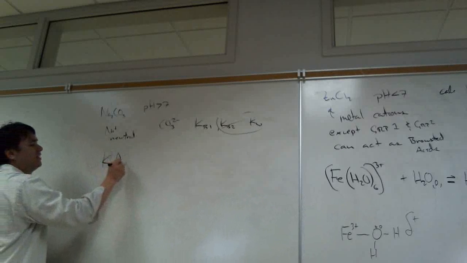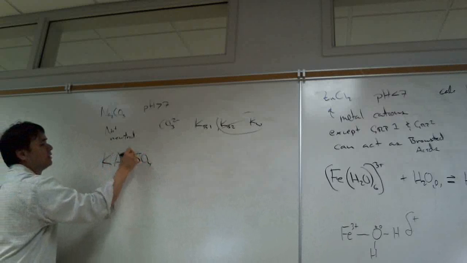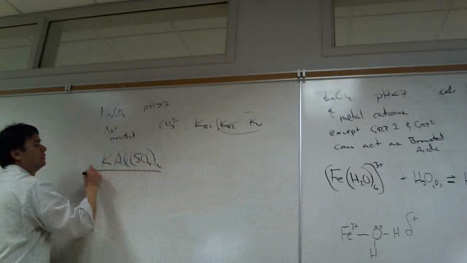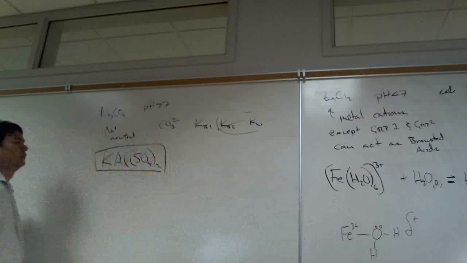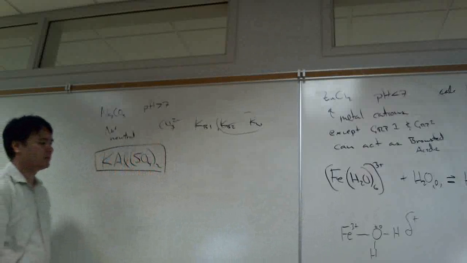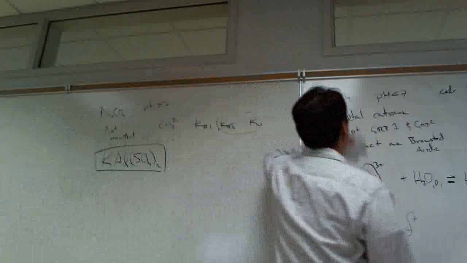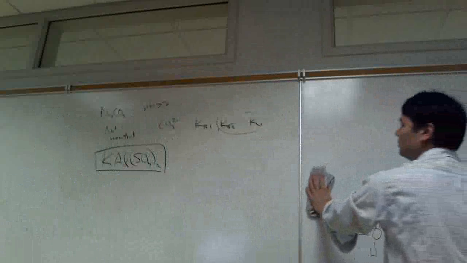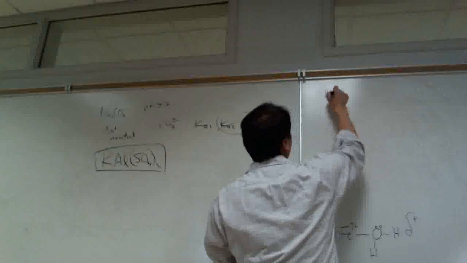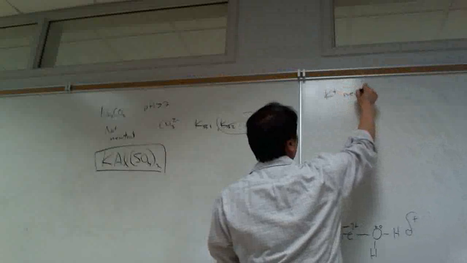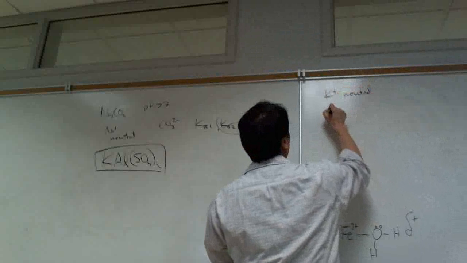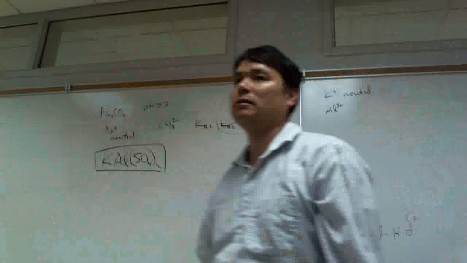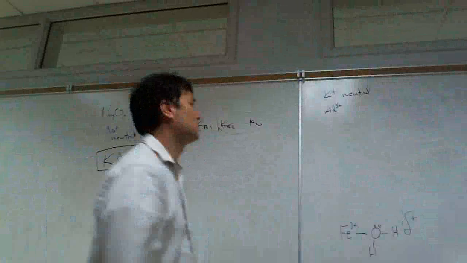Okay, what's next? Potassium aluminum sulfate. Mixed cation salt. In potassium aluminum sulfate, we have potassium ions. Are potassium ions acidic? No. Potassium ions are neutral. How about aluminum ions? Yes.